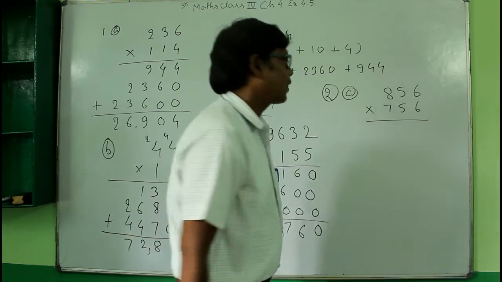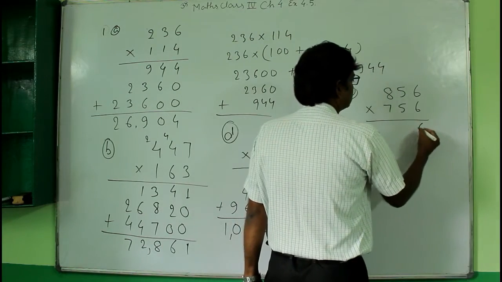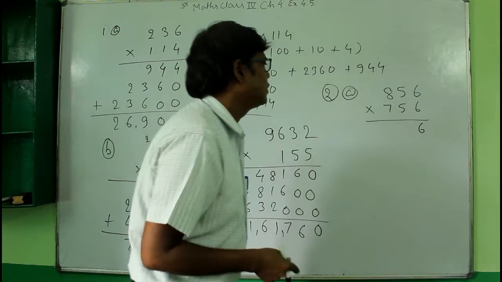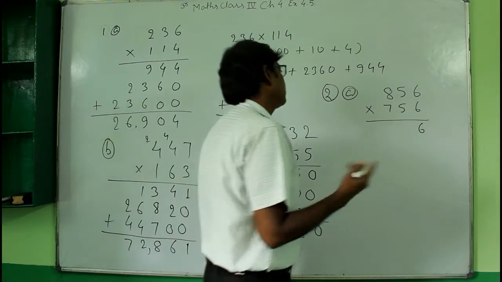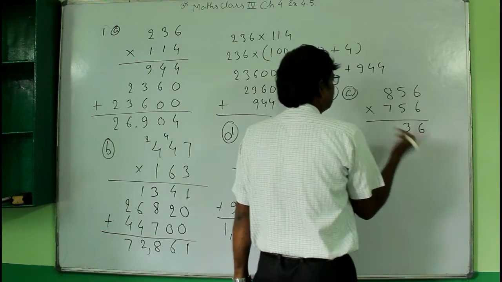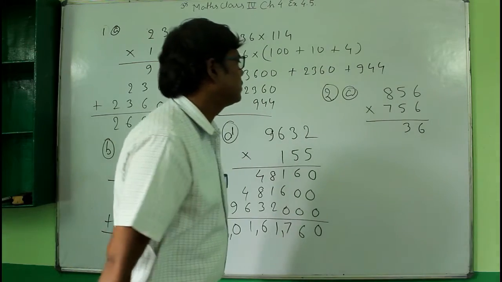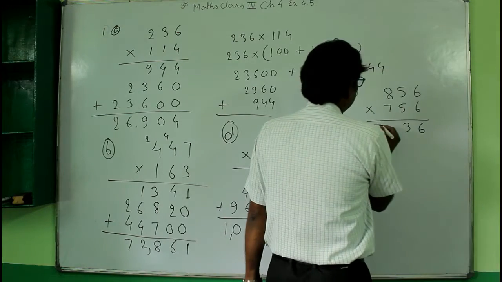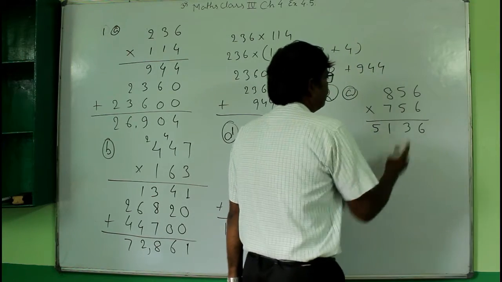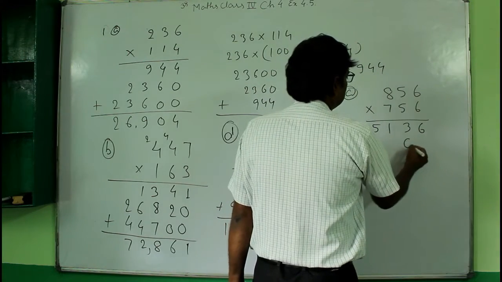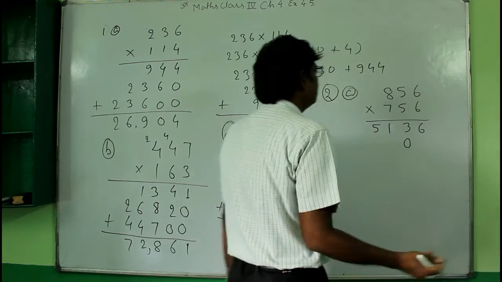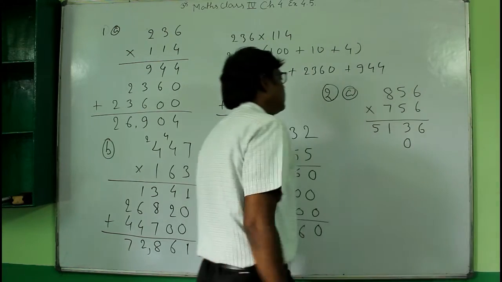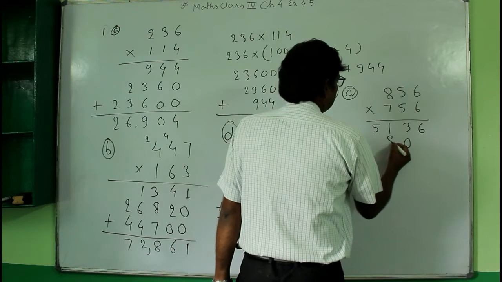Then write here 6, then carry 3, 6 5s are 30, 30 plus 3 will be 33, then again carry 3, then 6 8s are 48, 48 plus 3 will be 51, then write here 51. Now 5 6s are 30, then write here 0, and then carry 3, 5 5s are 25 plus 3 will be 28.